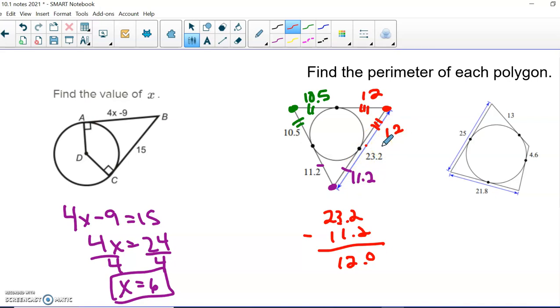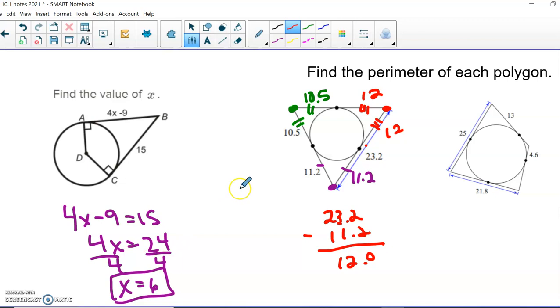So I'm going to take 10.5 plus 10.5 plus 11.2 plus 11.2 plus, let's just say 24, and we get it looks like 79. Nope, I think I did something wrong.